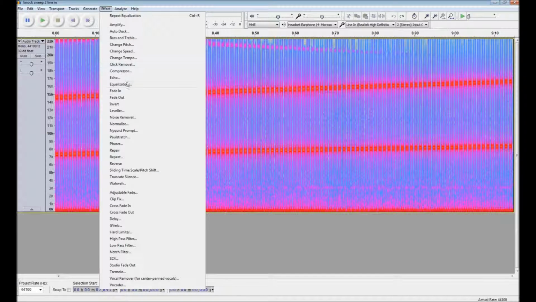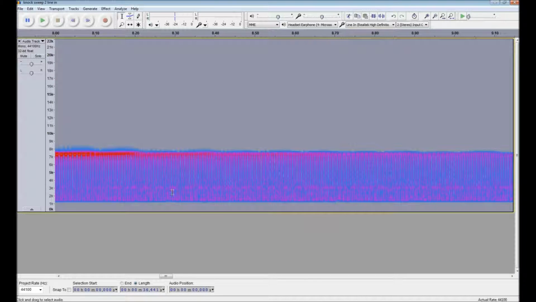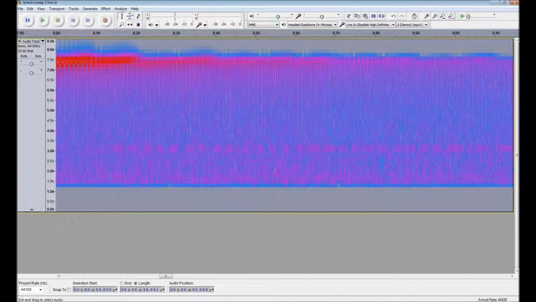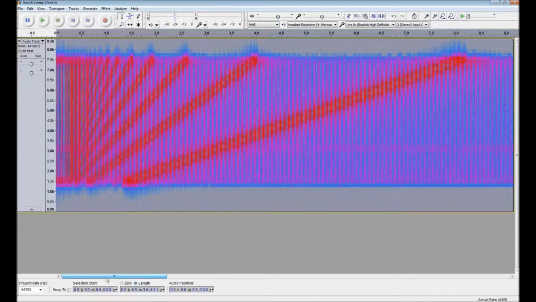Let's filter out this on a pure signal and see what we get. This is the same signal as we had in the real knock scenario, and you can see what happens.